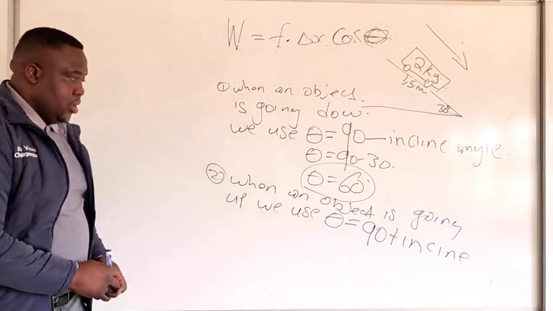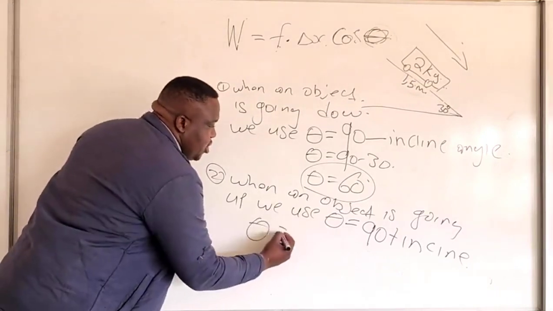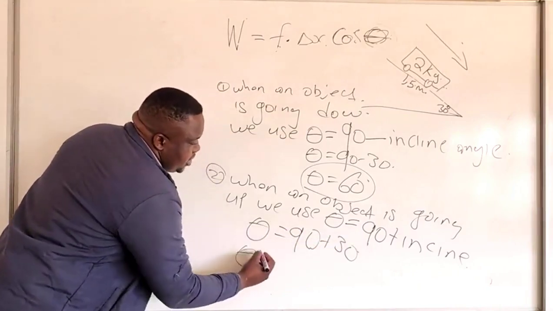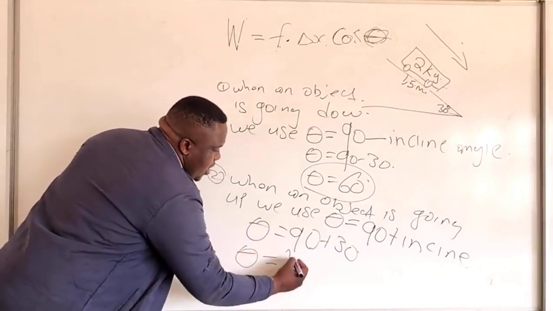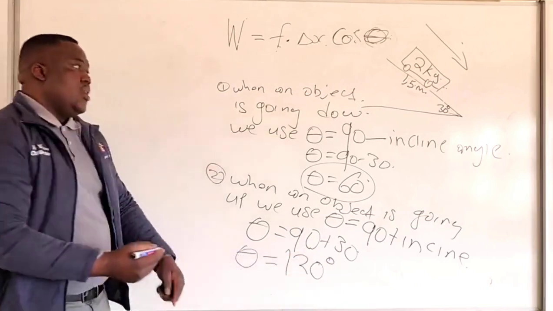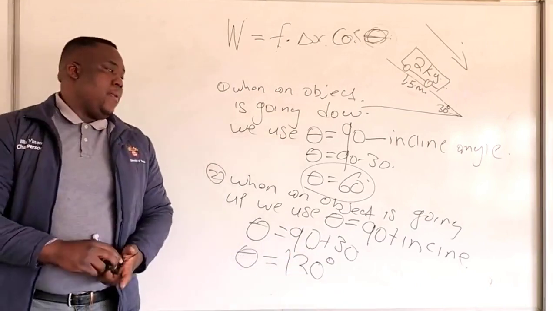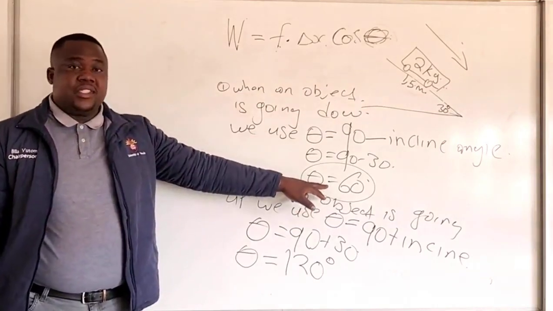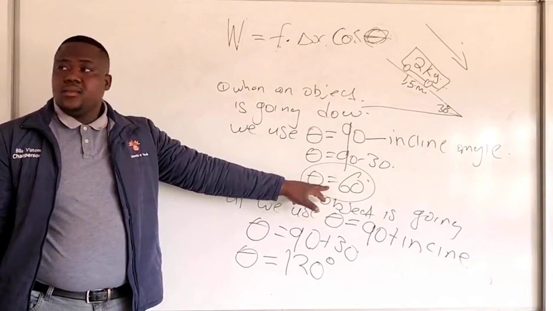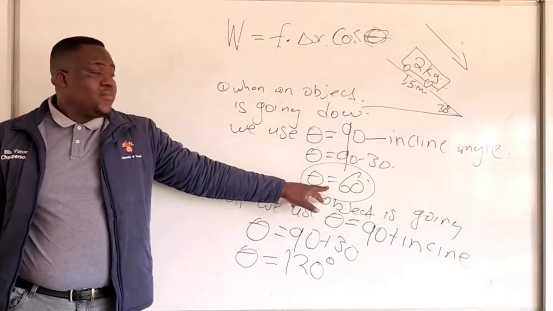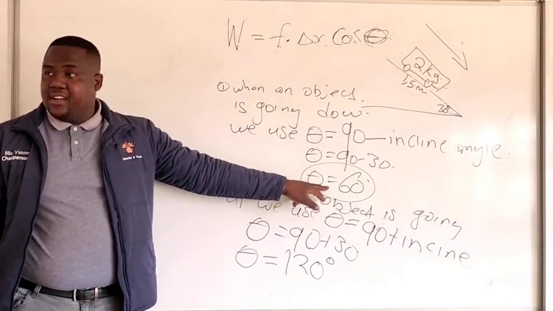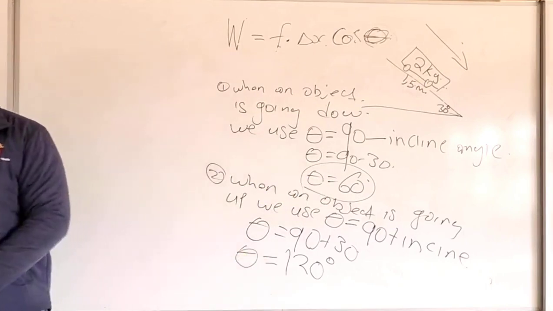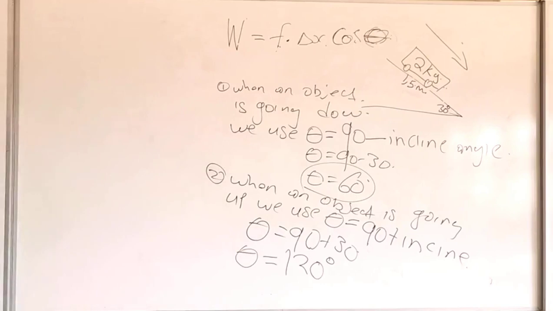Meaning that theta is going to be 90 plus 30, and theta will become 120 degrees when the object is going up. Consecutive will get a positive value. Then cos 120 will get a negative value.